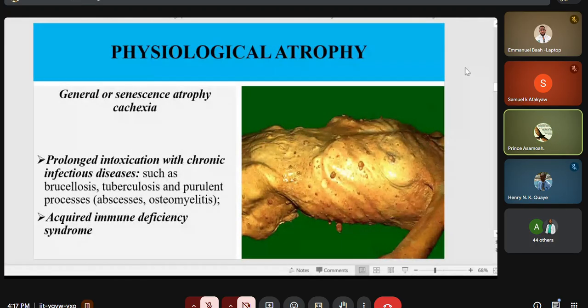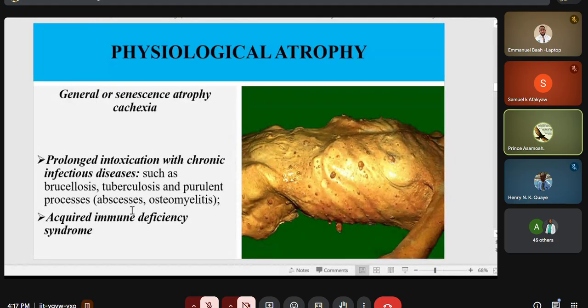Now let's look at cachexia, cancer. So you see, this is cancer cachexia. Sometimes it can happen like that.